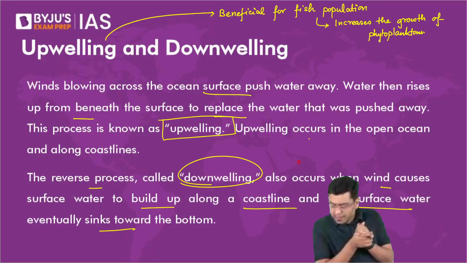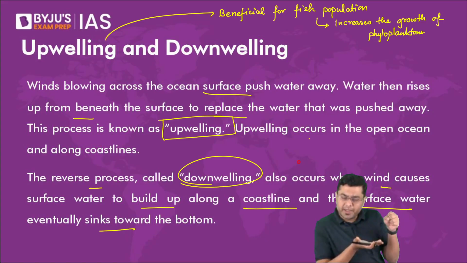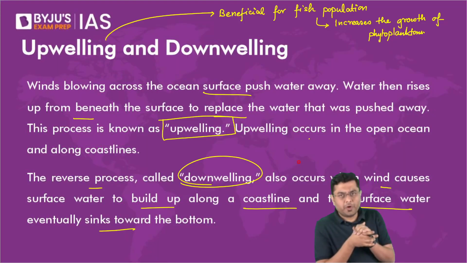So upwelling basically is when you have offshore winds blowing. In general, these offshore winds carry the surface water along with them, due to which the deeper water will be exposed to the surface, and that is upwelling, because there is a rising of water.